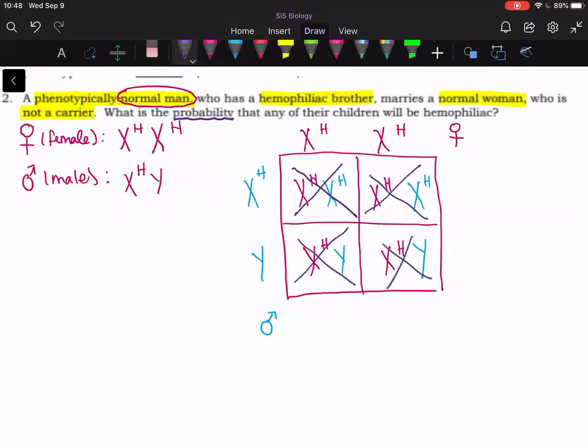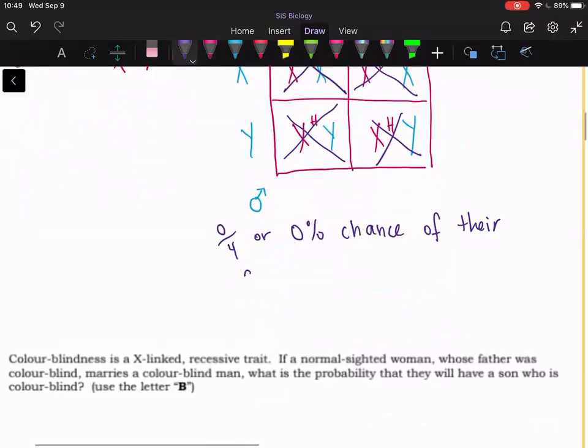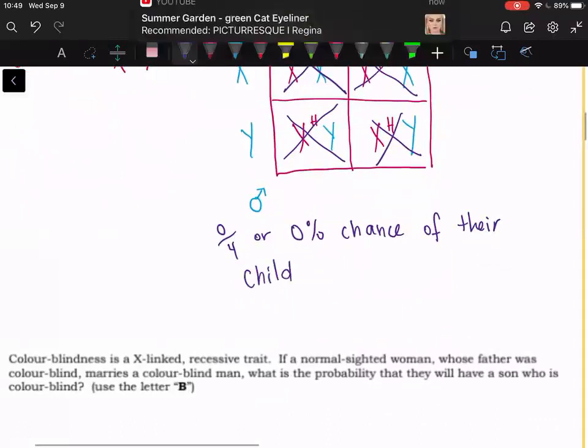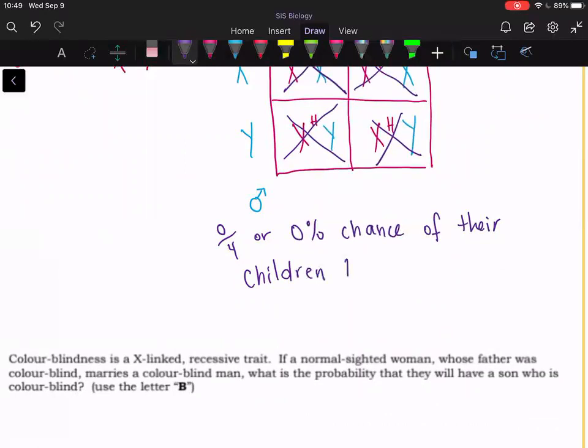No and no. So 0 out of 4 children, or 0% chance of their children having hemophilia. Okay, so have a look at the other questions and then we'll come back.